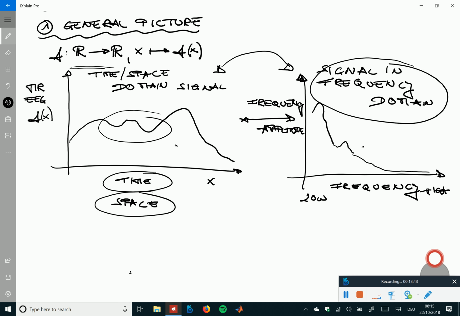In sleep you have these different sleep stages with different frequency bands, like the delta band and so on. And you know all from psychology that you have something like alpha 10 Hertz oscillations in the EEG and so on. So there is some interest in looking at EEG data in the frequency domain.